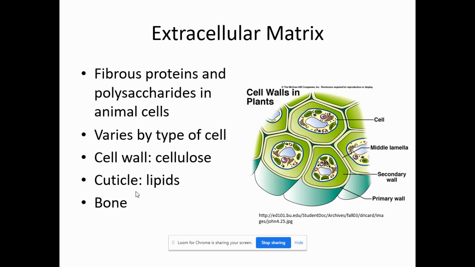An example is in plants, they'll secrete a cuticle, made up largely of waxes, which are a type of lipid, to help prevent water loss. In the cell wall of plants, they'll secrete cellulose for protection, and then your bone cells secrete an extracellular matrix.